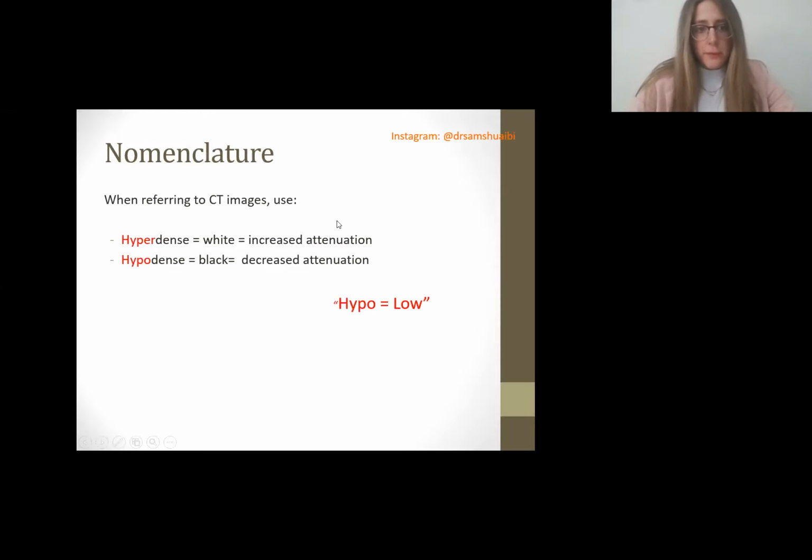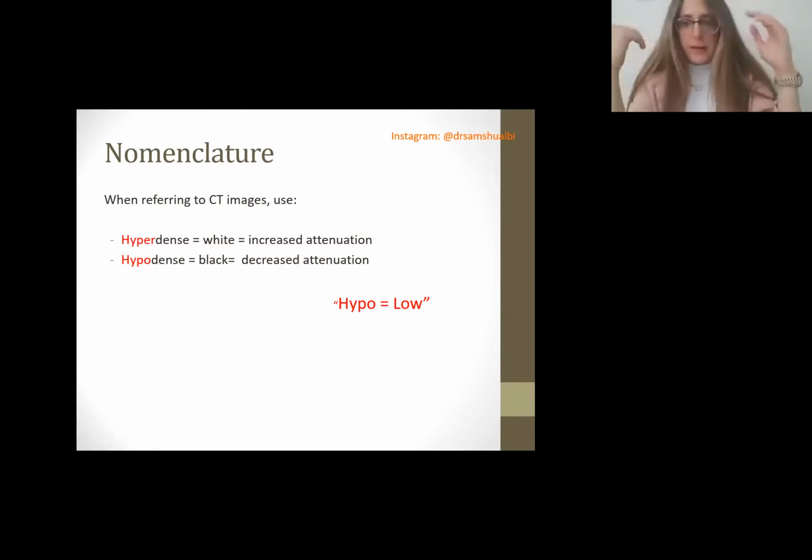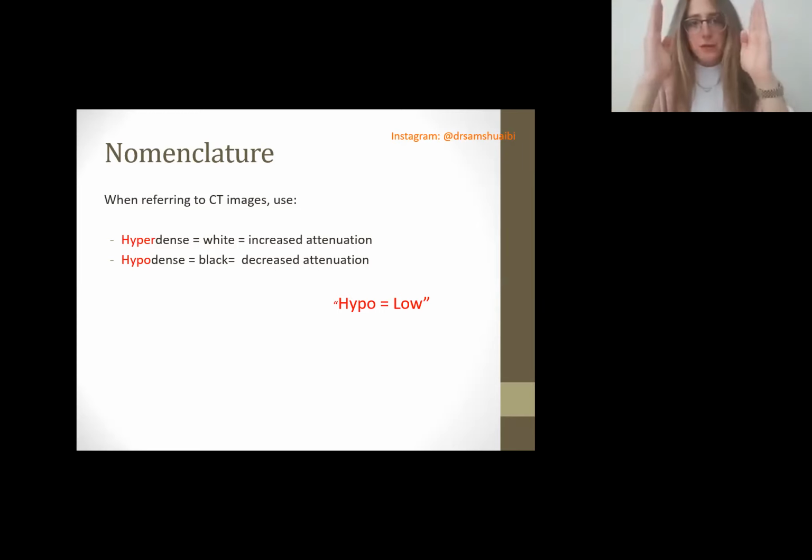Let's go to the next one. When it comes to CT, and for me in the wards, especially as an intern, especially as a student, I was always asked, for example, to describe this finding. And when it comes to CT, please do not get it wrong: hyperdense, hypodense. There's a huge difference between CTs and, let's say, X-rays and MRIs.